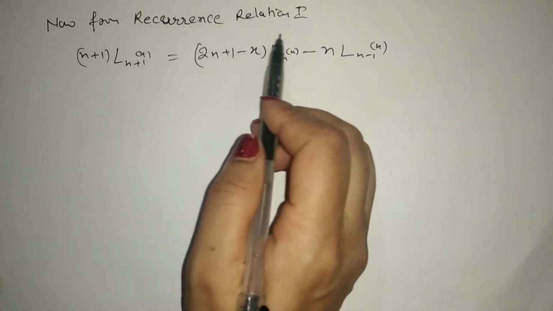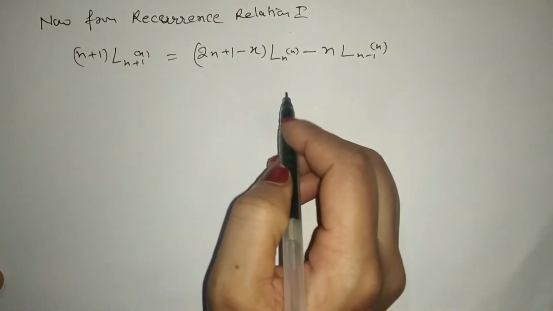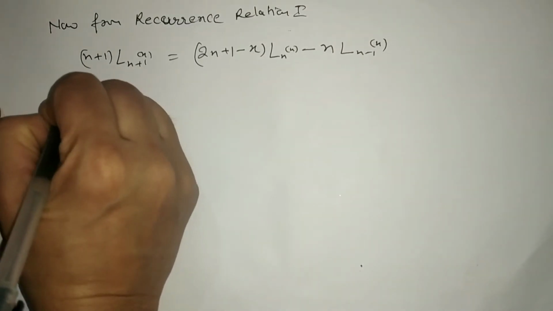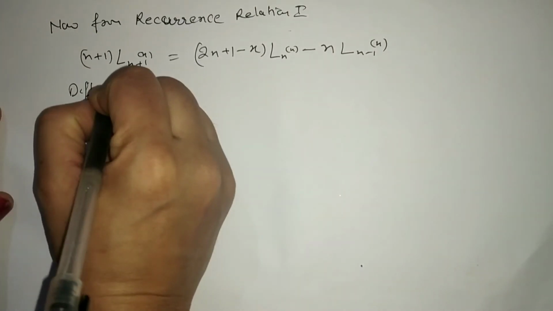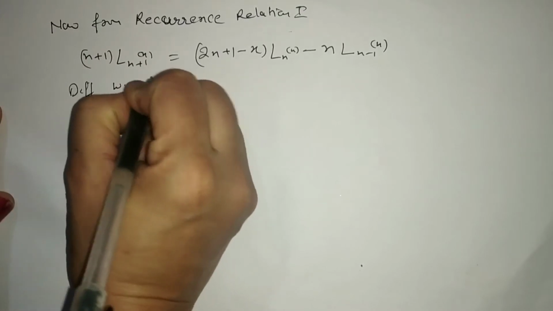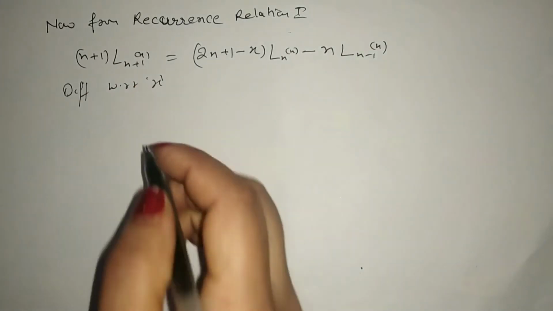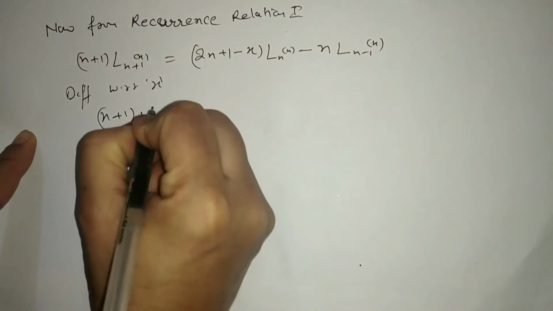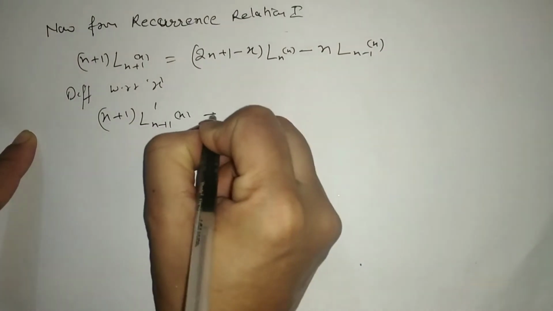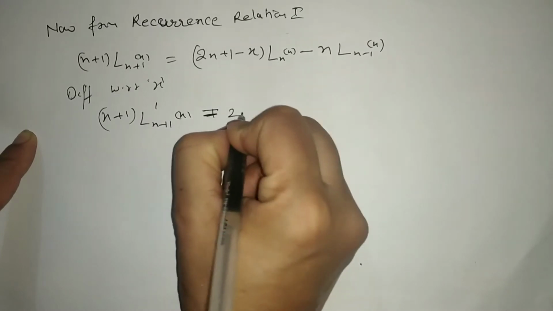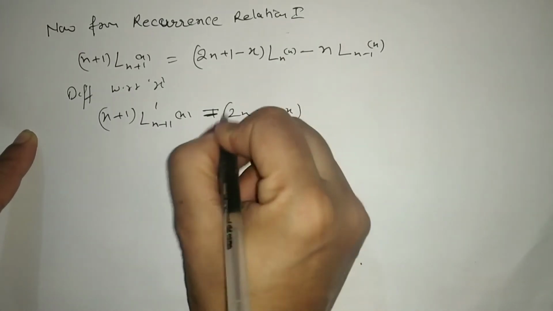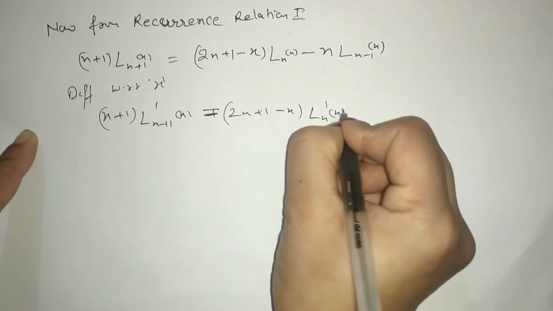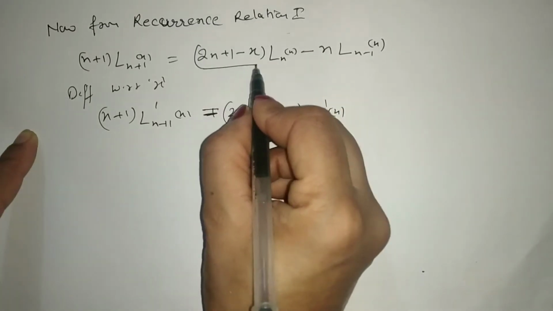Now write the recurrence relation 1. Here again we have to differentiate it with respect to x. We get (n+1) into l(n+1) dash x is equal to (2n+1 minus x) into ln dash x, and again we have to differentiate this.